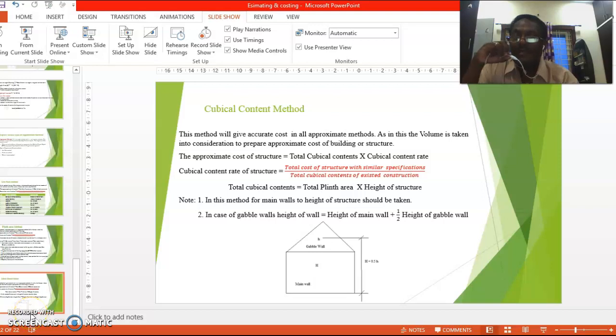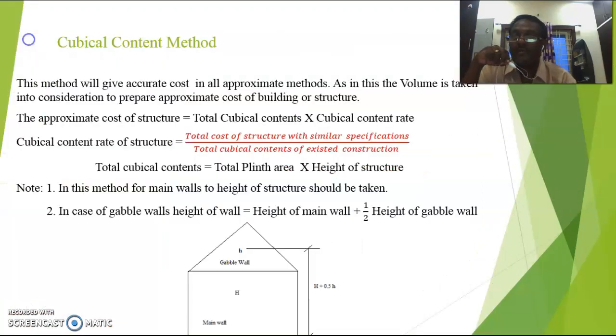In this slide, we are discussing the third approximate method, that is the cubical content method. This method will give the most accurate cost of all the approximate methods. Though the plinth area method is a popular method, this method will give the accurate cost compared to the other three methods.